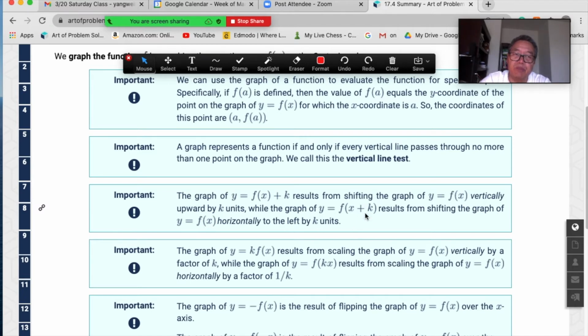So if this one's plus, that's a shift to the left side, okay? If this one's minus, that means a shift to the right side by k units.